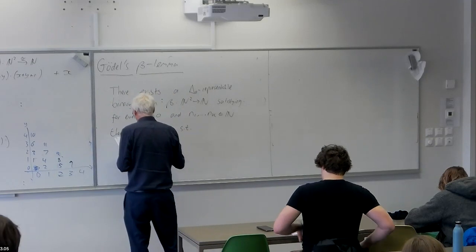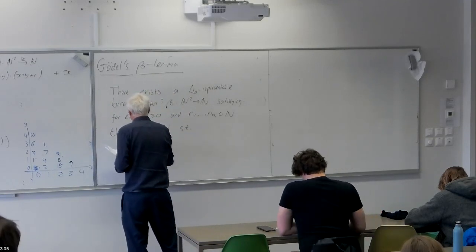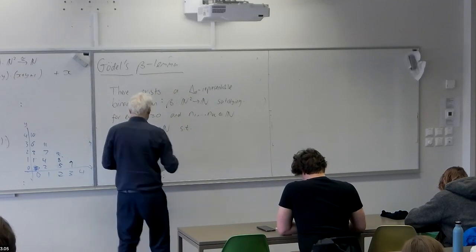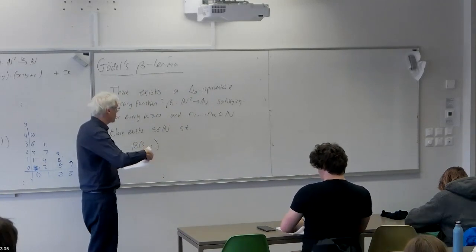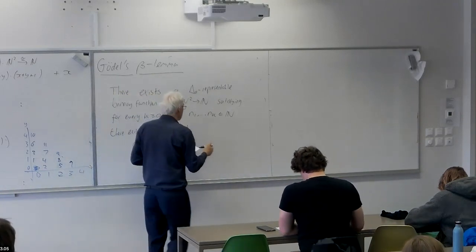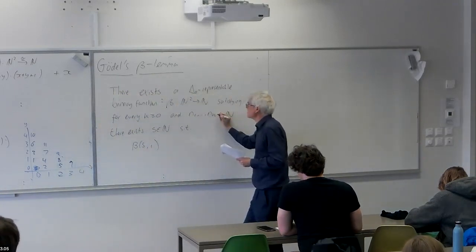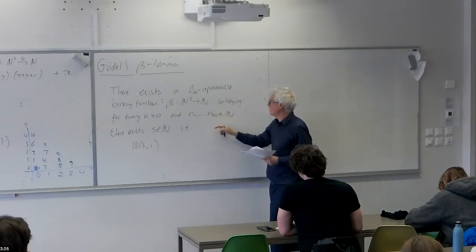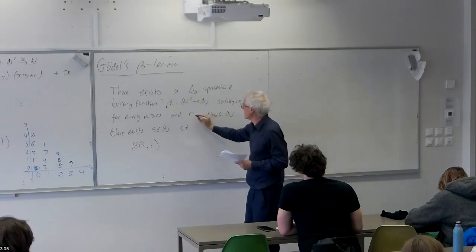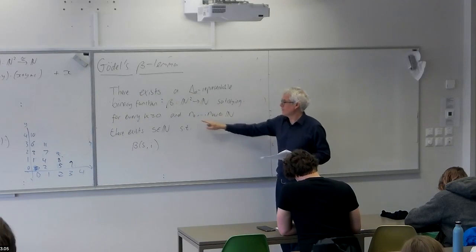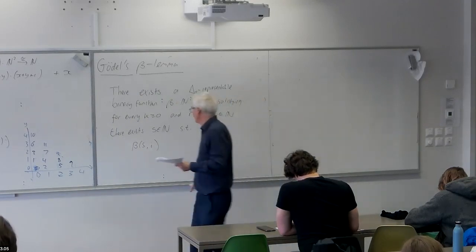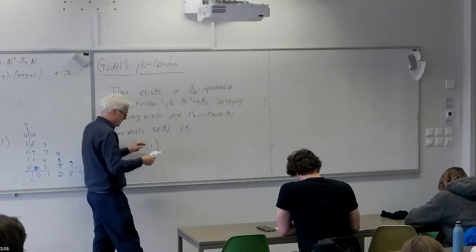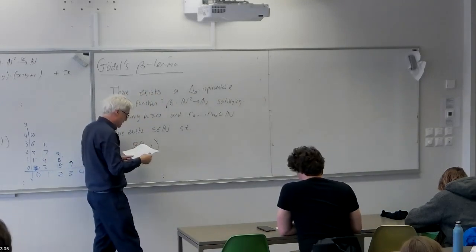So such that if we apply the function beta to the encoding of the sequence and to a number i, between 0 and, sorry, it's a k length sequence, but I'm going to index it from 0 to k minus 1, just so that we can use numbers i strictly less than k as the indices.